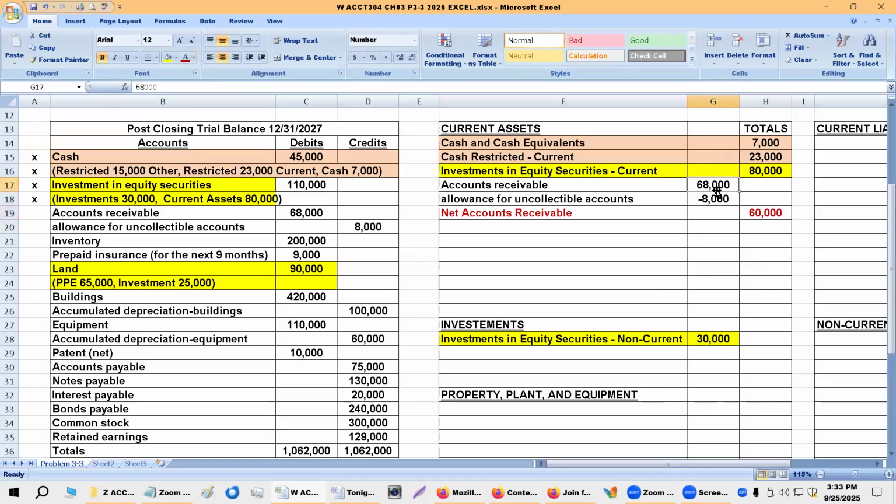We don't think we're going to collect 68. We're only going to collect 60. Now we have 68 on the books because as of now some people owe us, but we don't know who is not going to pay.